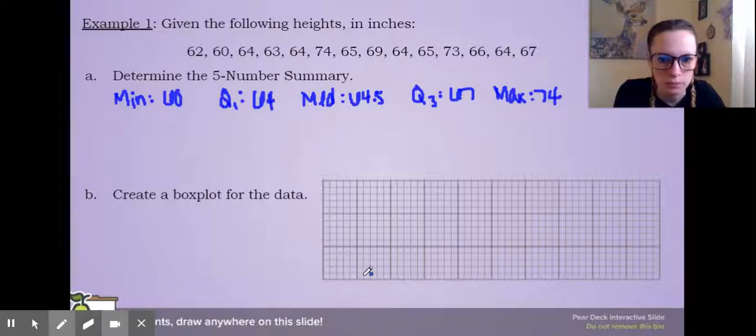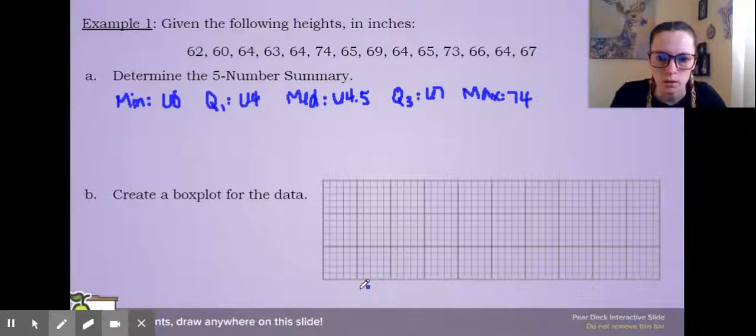Scaling it, just like with other graphs, it's up to you to figure out how best to scale it. I already figured out that if I start on the very left-hand side with 60 and count every 2, I can fit them in.